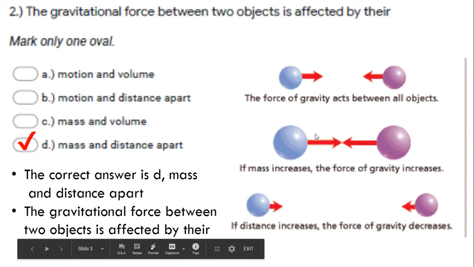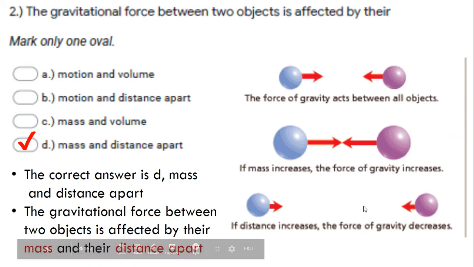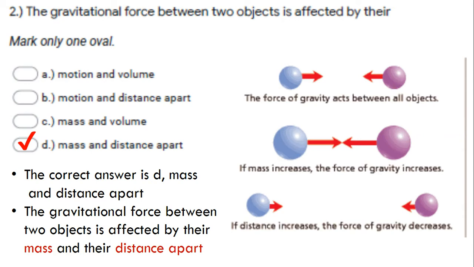The larger the mass of two objects, the greater the force of gravity, and the further away two objects are, the less the force of gravity becomes, right? So if two objects are really big and close together, it's a really strong gravitational pull. If two objects have very low mass and they're very far apart, that's a very low gravitational force.